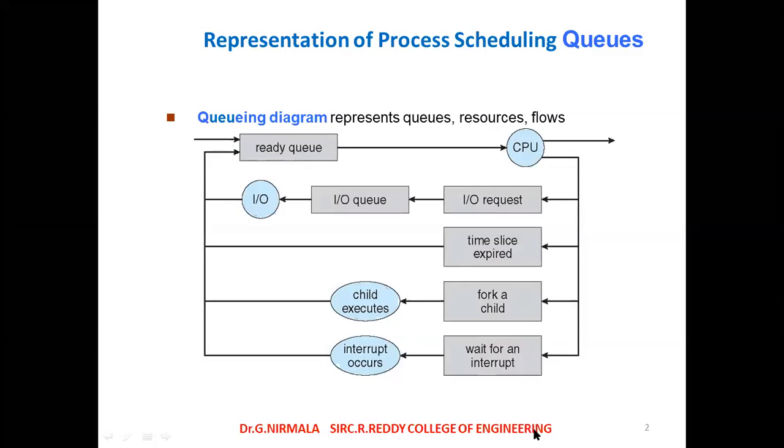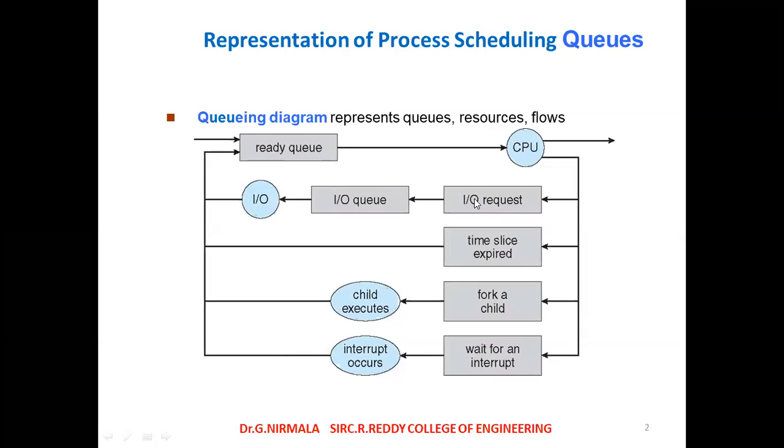When the CPU receives an external hardware interrupt or software interrupt, it stops the current execution of that particular process. The CPU handles some other process. The interrupt service routine, ISR, will handle this interrupt and the process is again placed in the ready queue for the next chance of getting execution.